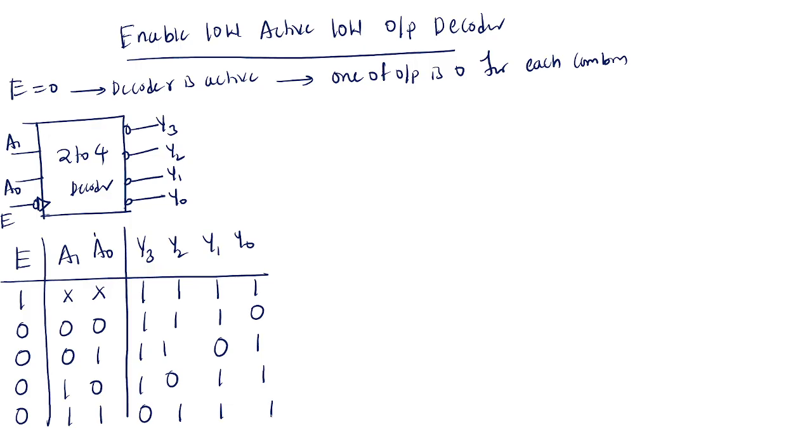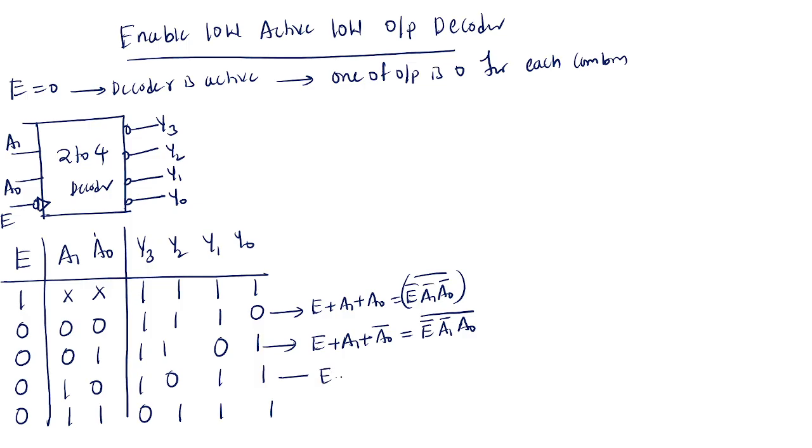So here, same thing, you need to write for POS, the zeros. So this is E plus A1 plus A naught, which you can write as E bar A1 bar A naught bar whole bar. And this one, E plus A1 plus A naught bar, is E bar A1 bar A naught whole bar.